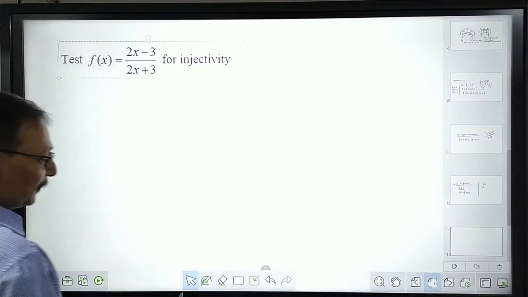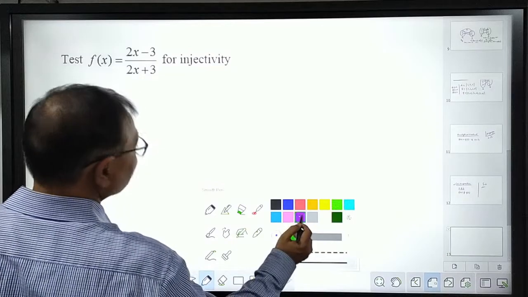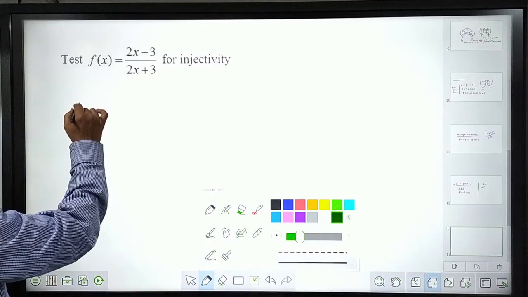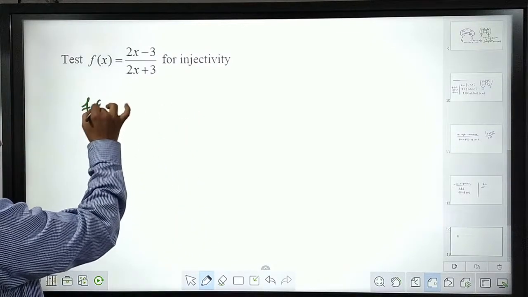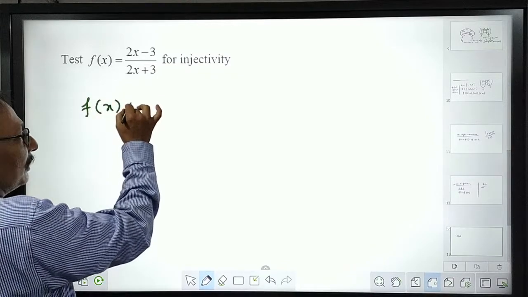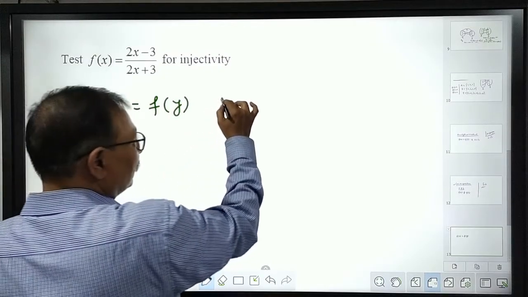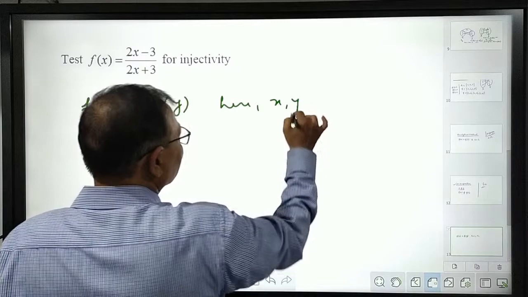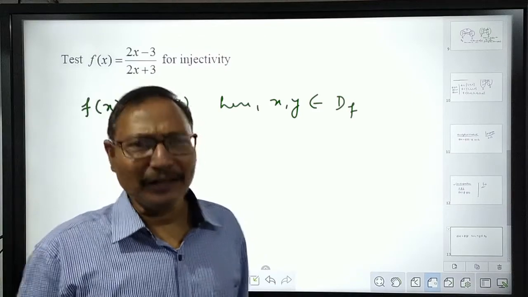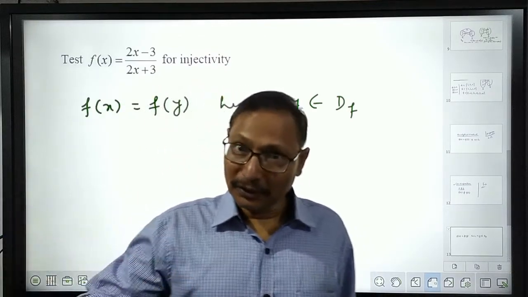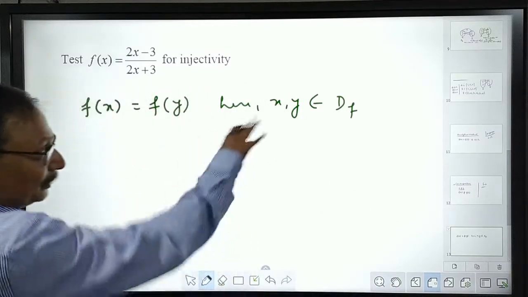So in this process, first of all, as I said earlier to you, we suppose that two elements, suppose that the elements are x and y, and we are supposing that the images of x and y are equal. Here x and y are the members of the domain of f. Clearly x and y are the inputs, and inputs are to be taken from the domain.